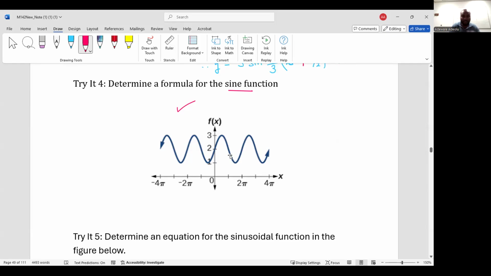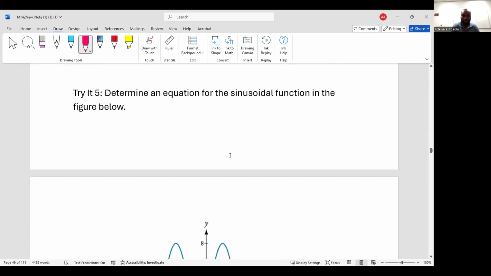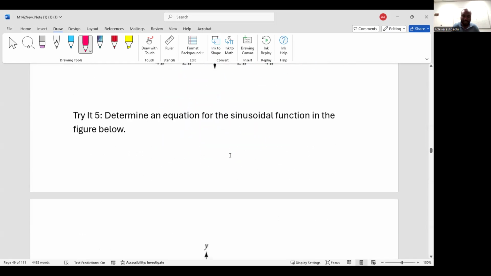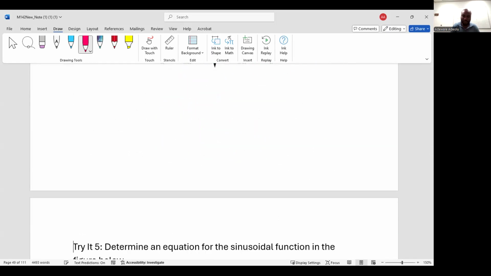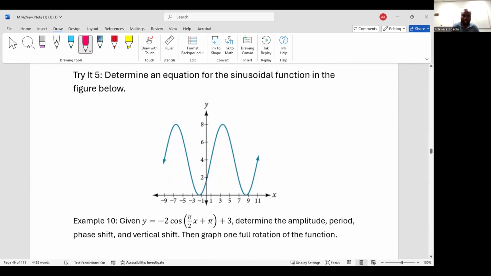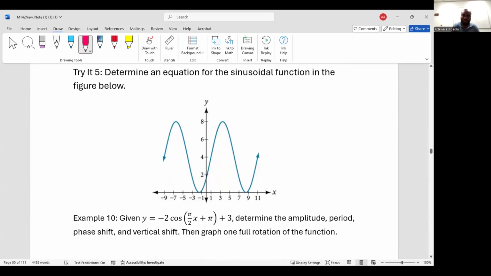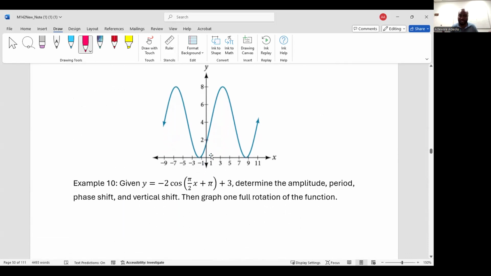Once you have something like this, that is how you know you are correct, at least to help you practice. So you do that, and you also try this: determine an equation for the sinusoidal function in the figure below. For this, they are very simple.